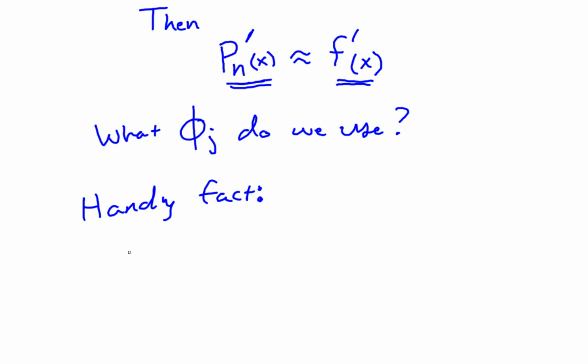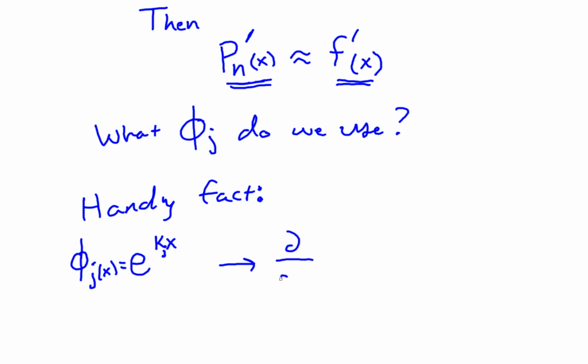So the exponentials, e to the kx, so let phi sub j of x equal e to the kx, where k is indexed by j. It's some wave number k. If we have basis functions, the phi sub j's, that are built out of exponentials, these basis functions are the eigenfunctions of the derivative operator.